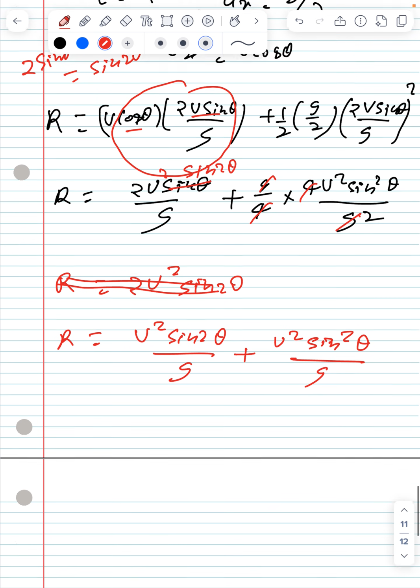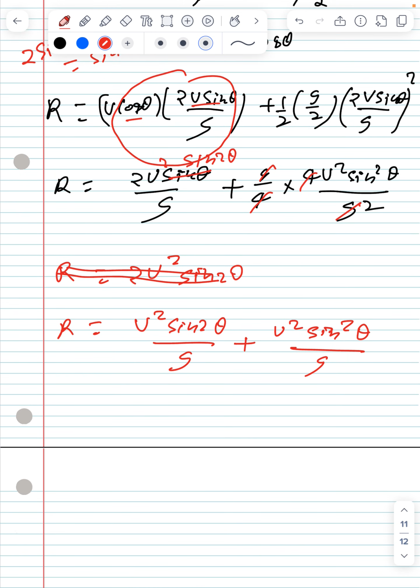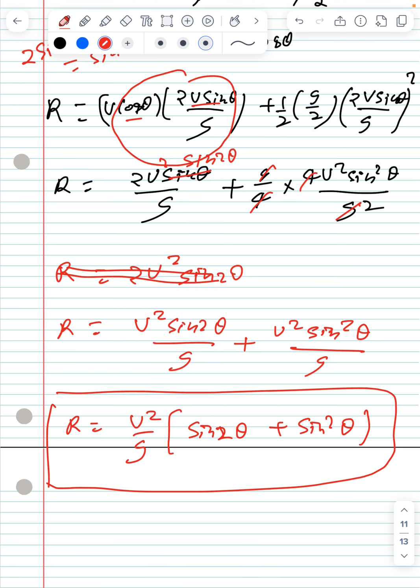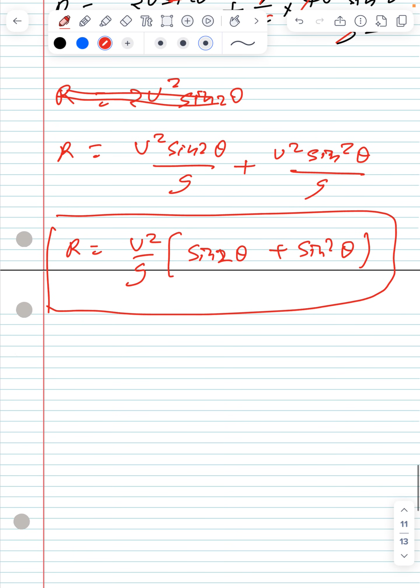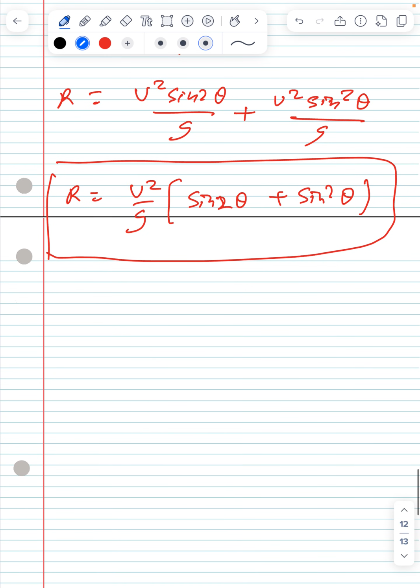For the correction of this value, 2 sin θ multiplied by cos θ equals sin 2θ, so R = u² sin 2θ divided by g plus u² sin²θ divided by g.